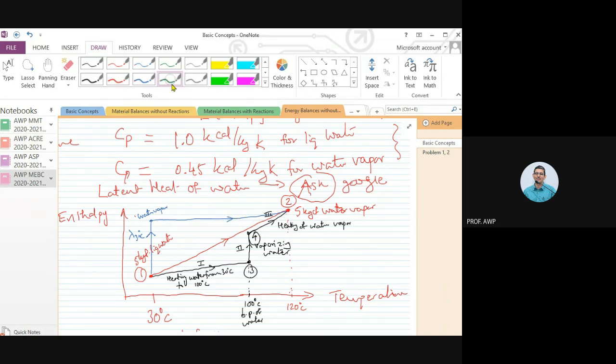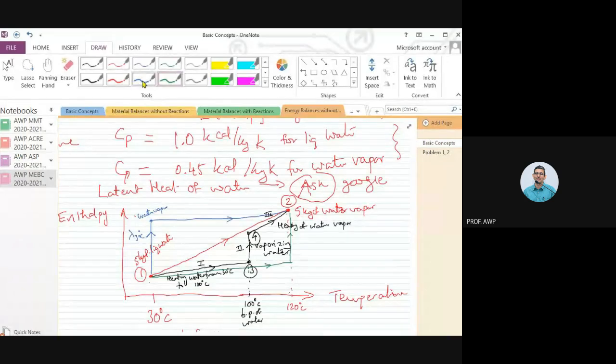Or we could have traversed another green path, where we could have heated liquid water from 30 degrees centigrade to 120 degrees centigrade, and vaporized water from liquid state to the vapor state at 120 degrees centigrade. Right? We would have exactly the same answer.